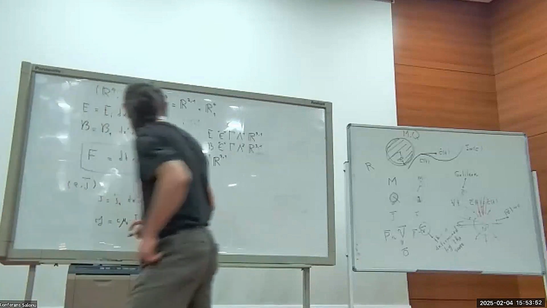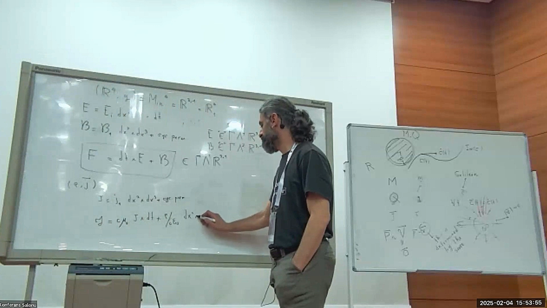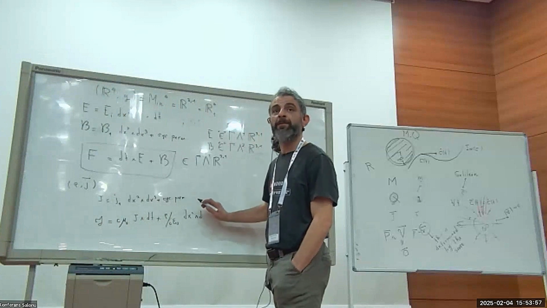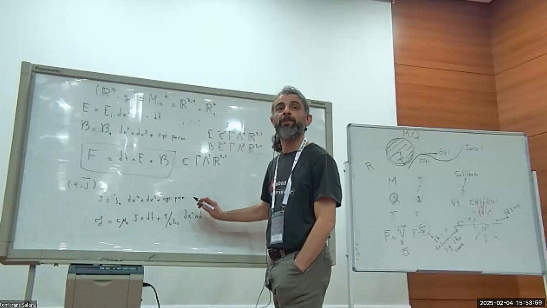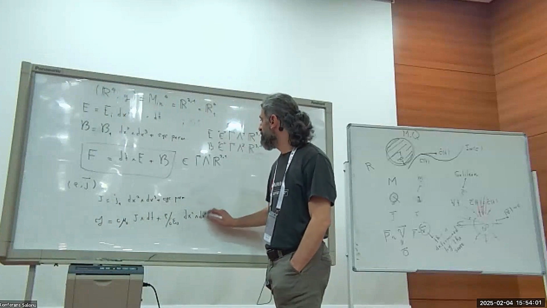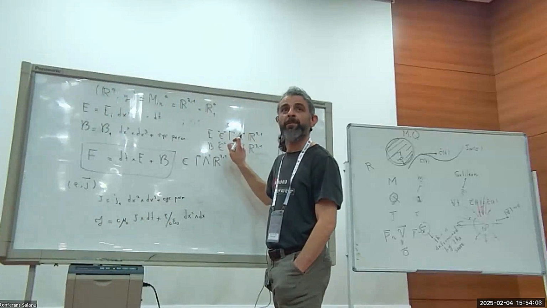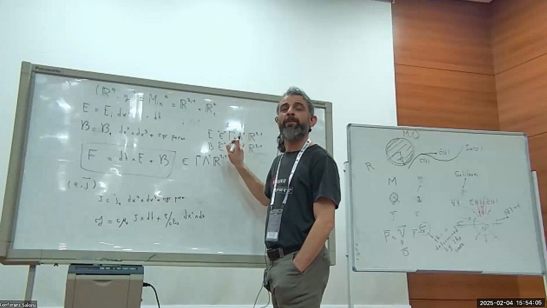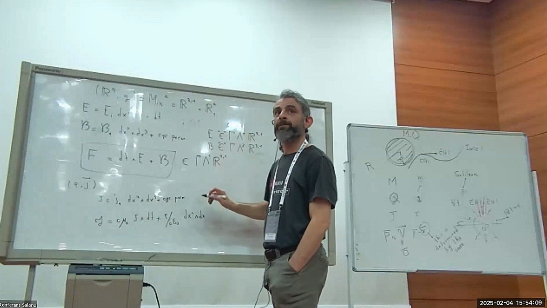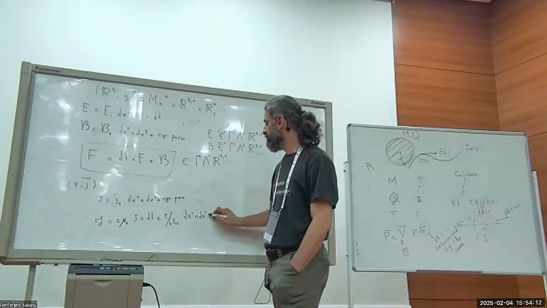Sorry? So when we put quotation marks for G is an element of two forms, so isn't B supposed to be like without the quotation marks? No. But how is then F an element of two forms?